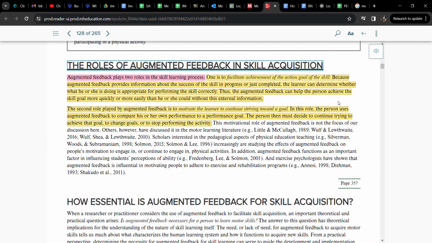So what are the roles of augmented feedback in skill acquisition? So augmented feedback plays two roles. One is to facilitate achievement of the action goal of the skill, and the second part is to motivate the learner to continue striving towards a goal. So obviously you want to further improve someone's capacity to accomplish the goal.